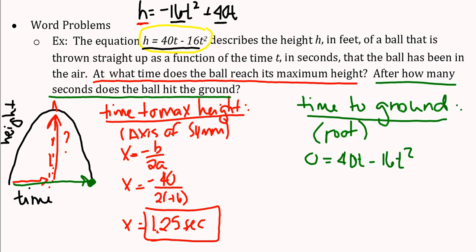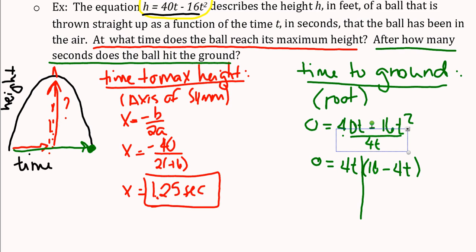I can factor out a GCF here, actually, so let's do that. I can take out, it seems, a 4t. If I take out 4t, then we'll have left 10 minus 4t. And we set these two factors equal to 0.